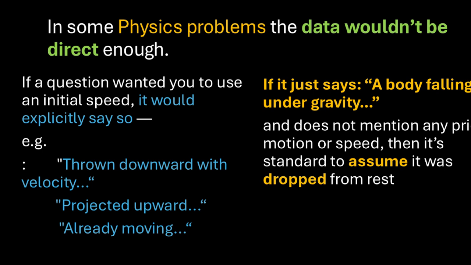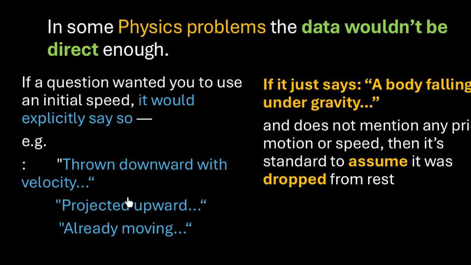So, if a question wanted you to use an initial speed, it would explicitly say so. For instance, a body is thrown downward with velocity 5 meters per second. A body is projected upward with some velocity, or it is already moving with some velocity.